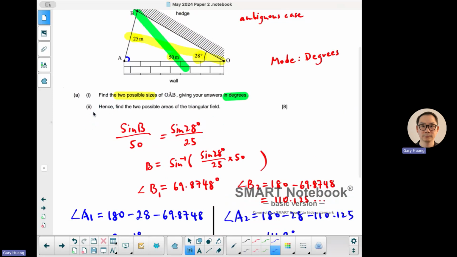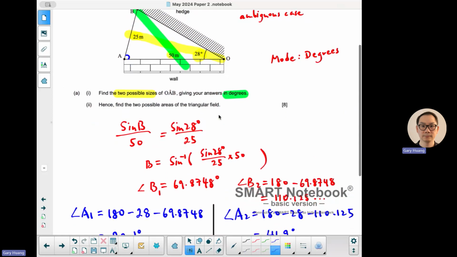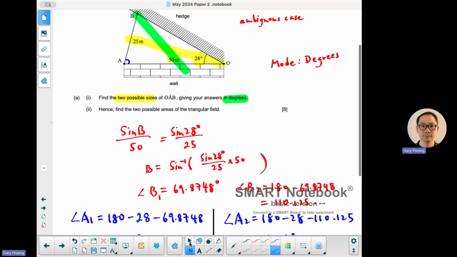Part A2 says: hence find the two possible areas of the triangular field. So to find the area of a triangle, that's what this part is focusing on. We need to use the formula.